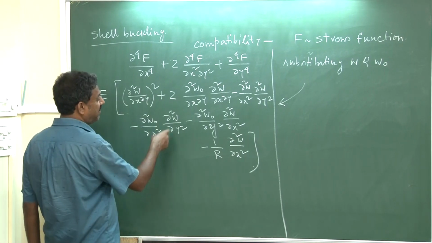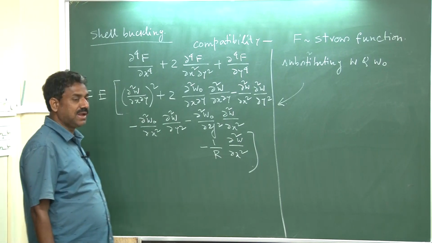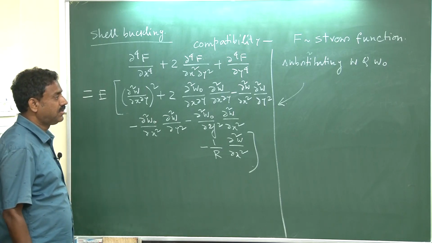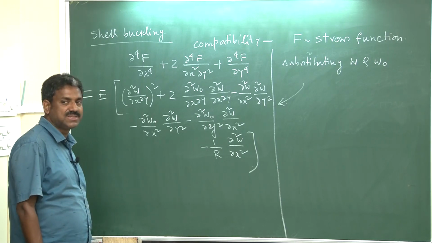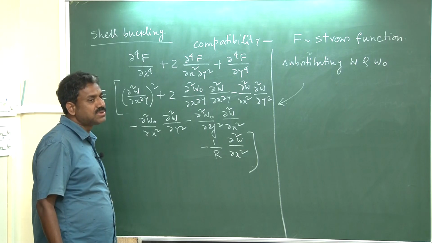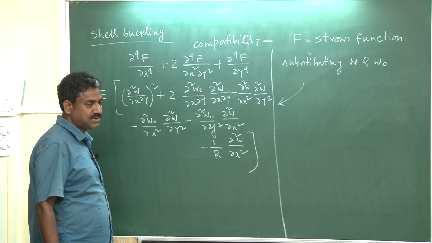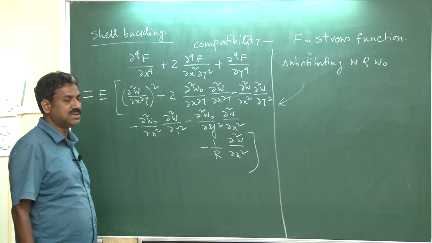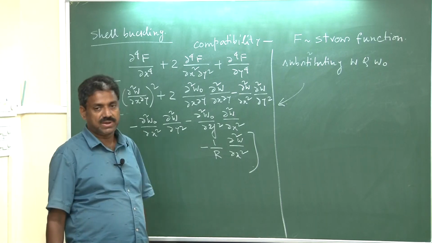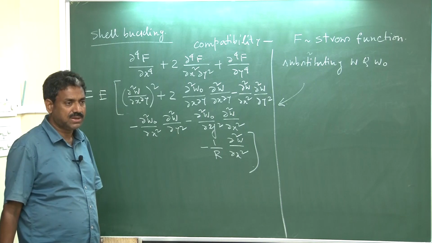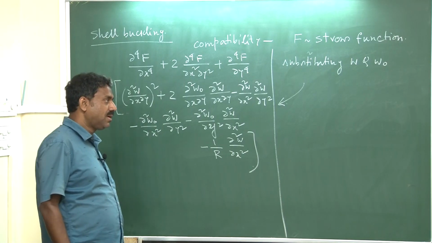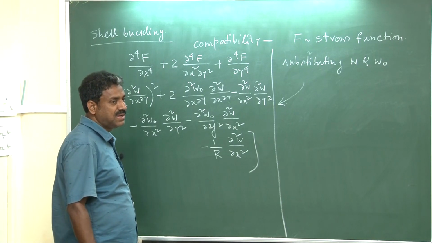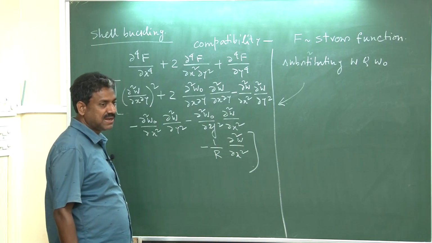These are all double derivatives, so it will all be sinusoidal. And when you take a product of sines, you can always express it in terms of a sum and difference of sine functions, because we know that 2 sin A sin B is cos of A minus B minus cos of A plus B, something like that.